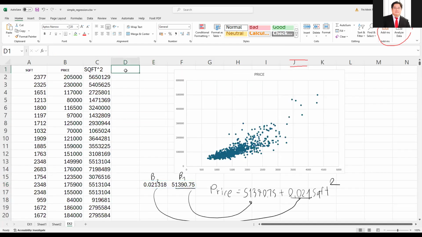To do it, you have to build log price in Excel. So, log price. LN means the natural logarithm. So you put LN of price. This is the natural logarithm.